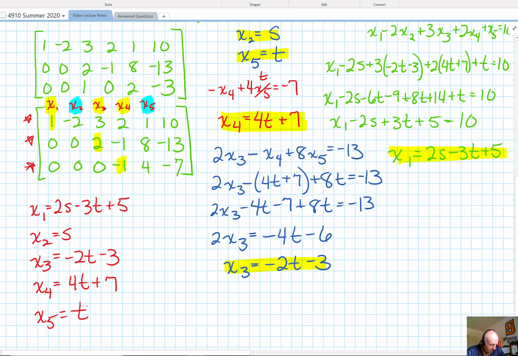We don't often write it as an ordered quintuplet, which I guess is what that would be. But remember, s and t are free to be whatever we want, and when we choose them, that determines what everything else has to be. And so we have a formula that gives us the infinite number of solutions here.